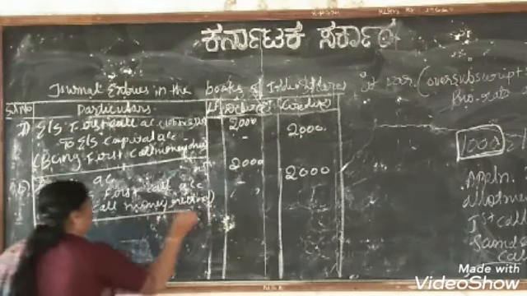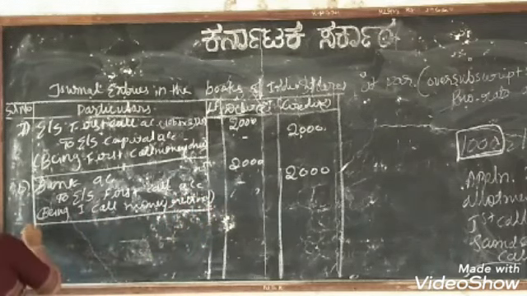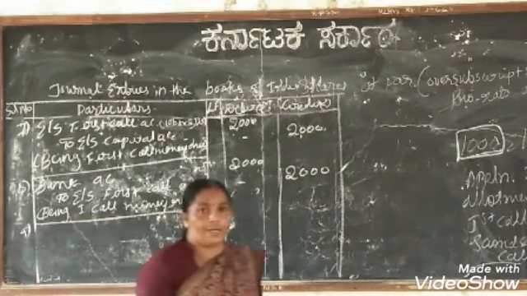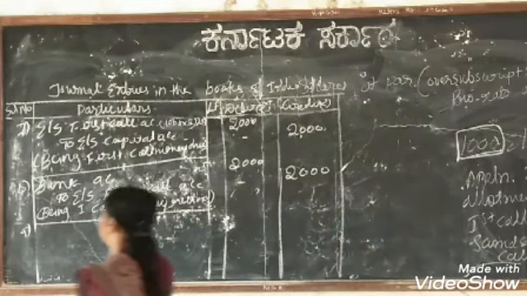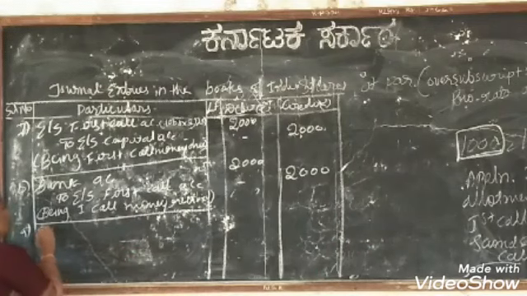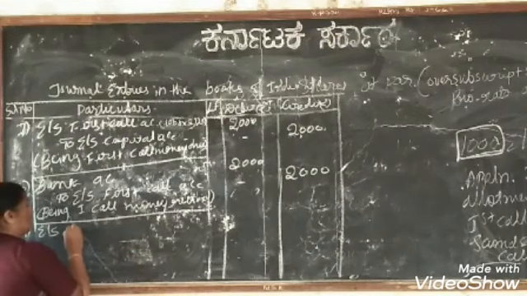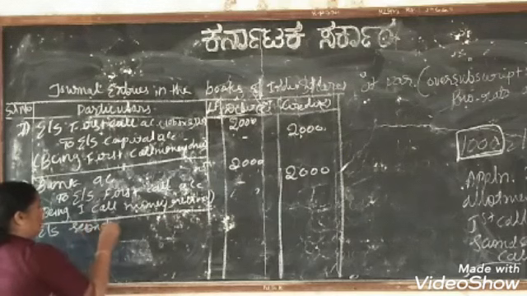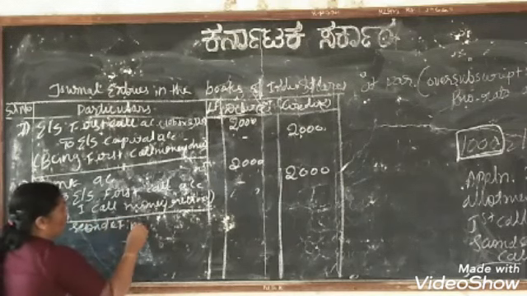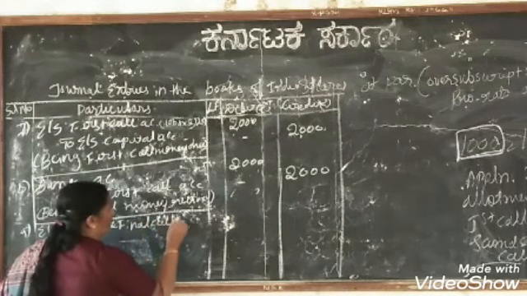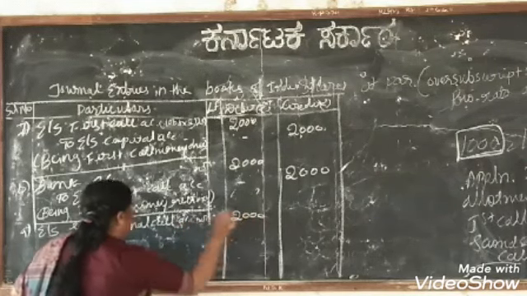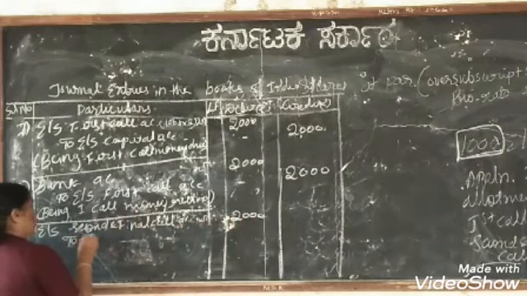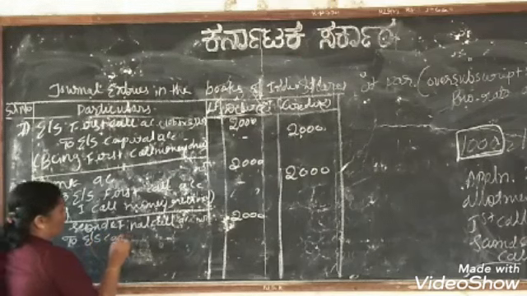Then the last transaction is the second and final call. First we show the call due and then the receipt. Equity share second and final call account debit, 2,000, to equity share capital account.